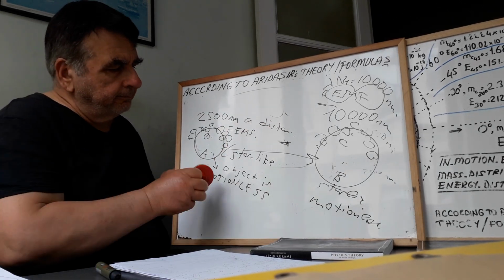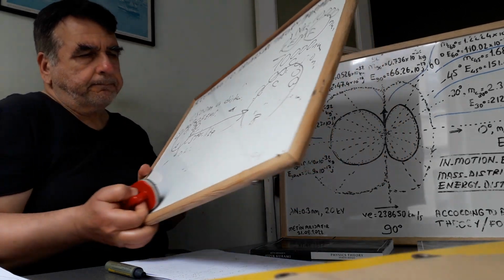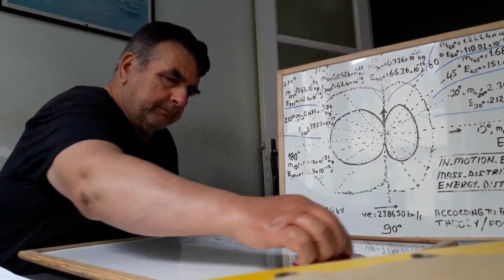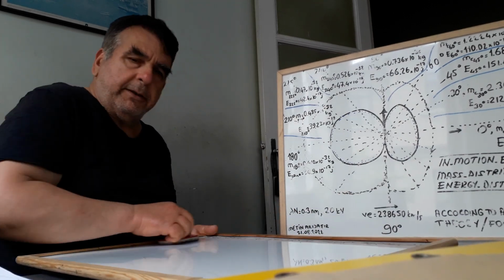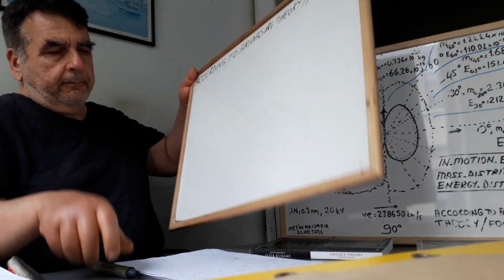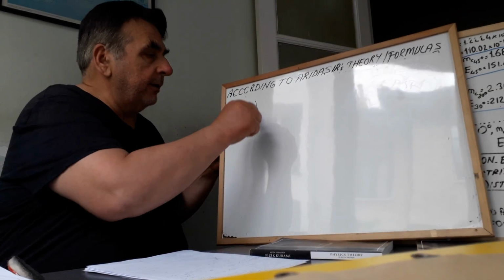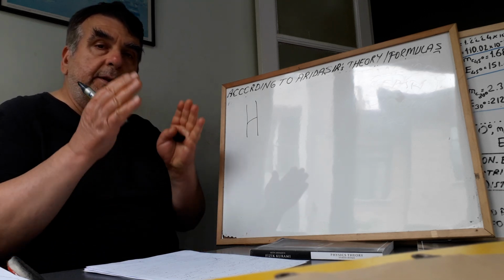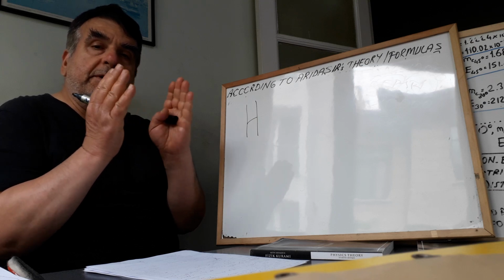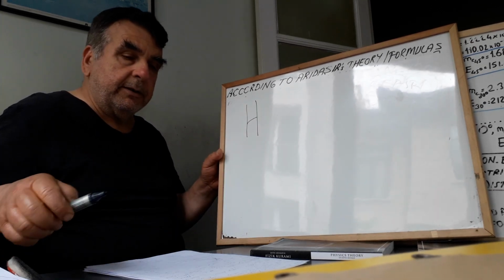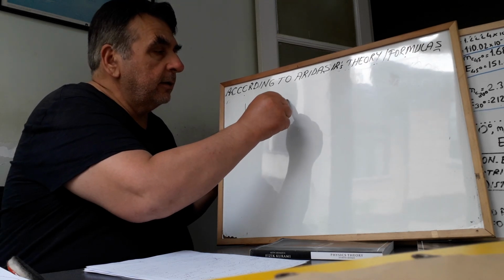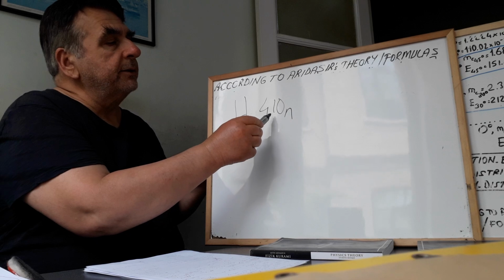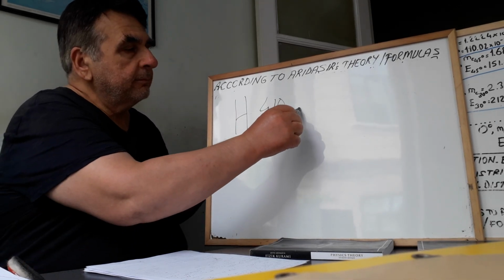Now, according to my theory and my formulas, remember hydrogen, Balmer series, Balmer lines in visible spectrum. Okay, say 410 nanometer.